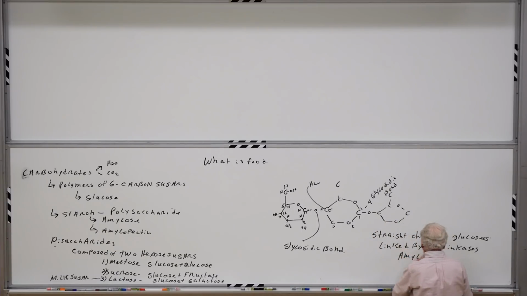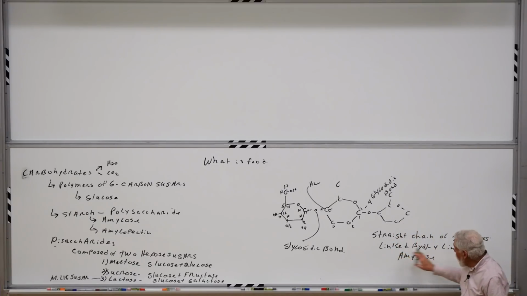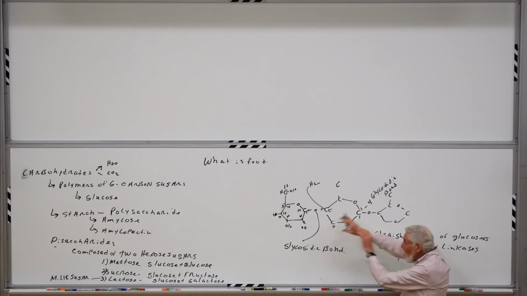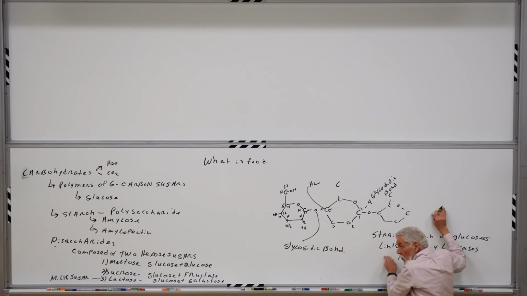Let me put a caveat in here, linked by alpha 1,4, and we'll come back to this alpha story in a minute. So they're linked by these 1,4 linkages. You make a great long straight chain, and that now is amylose.